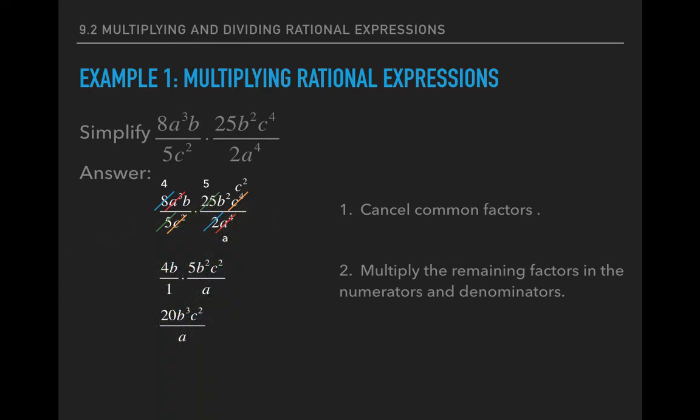That means you'll have 20b cubed, because when you have like bases, you add your exponents, and c squared over a. If you have any questions on this example, maybe you're not really familiar with your properties of exponents, write that question in the margin and we'll definitely discuss that together.